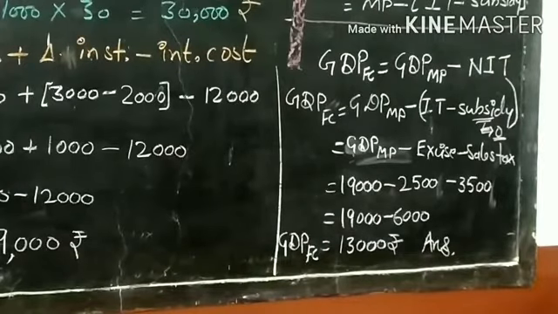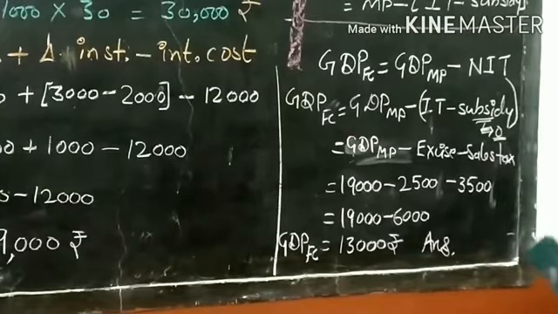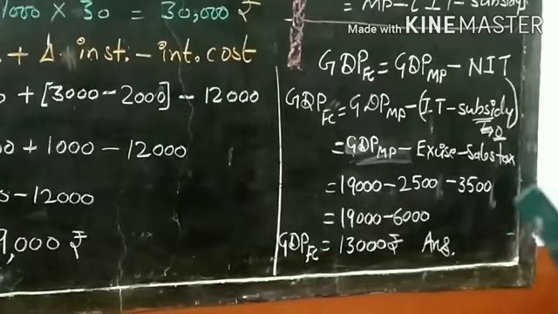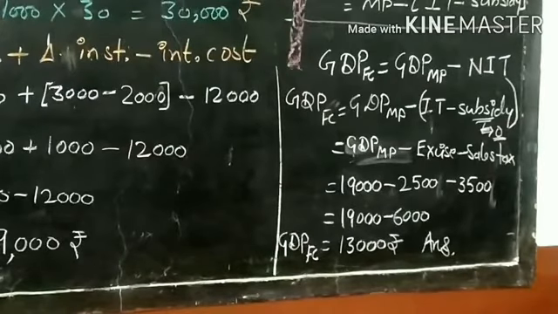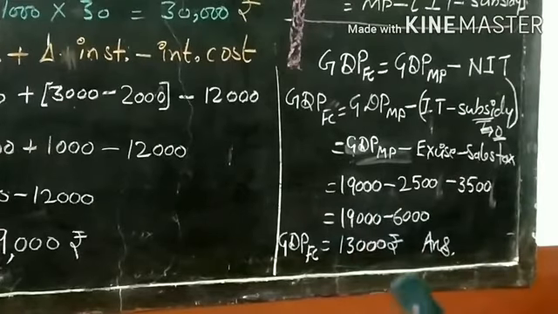And instead of IT we have been given excise and sales tax. Excise is 2,500 and sales tax is 3,500. 19,000 minus 2,500 minus 3,500, and the negative values we will add first. 2,500 and 3,500 equals 6,000. 19,000 minus 6,000 gives 13,000, and this 13,000 is our GDP at FC.